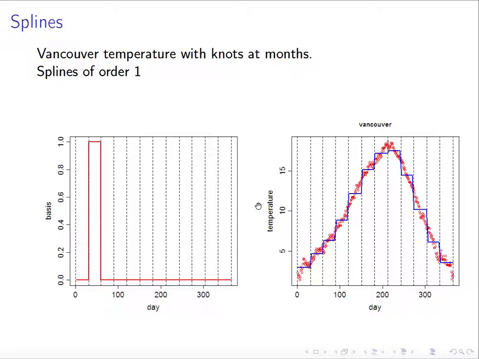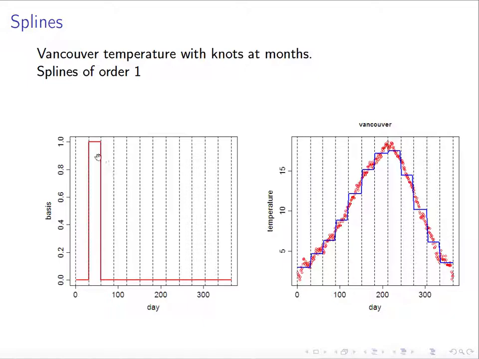So we have 13 knots. These 13 knots partition the whole time interval into 12 segments.